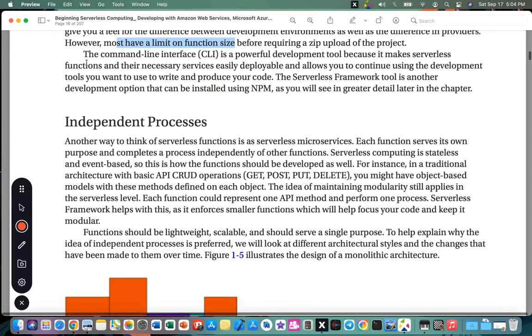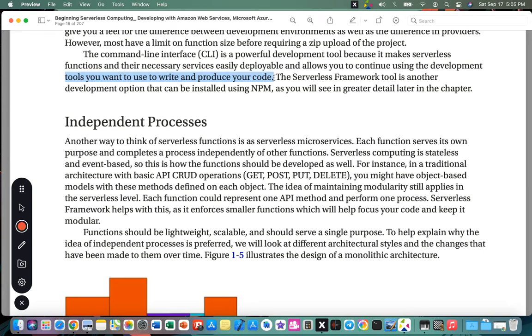So what is the command line interface? The command line interface is a powerful development tool because it makes serverless functions and their necessary services easily deployable and allows you to continue using the development tools you want to use to write and produce your code.